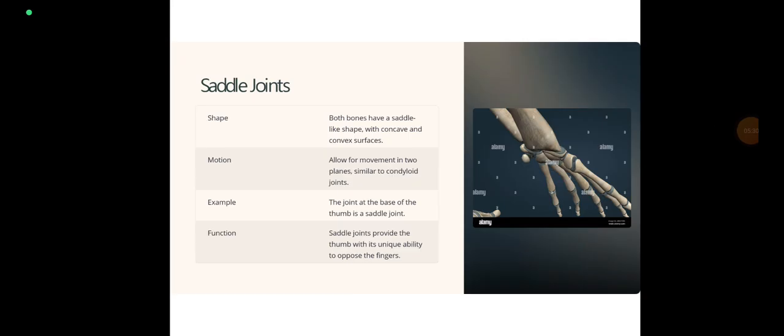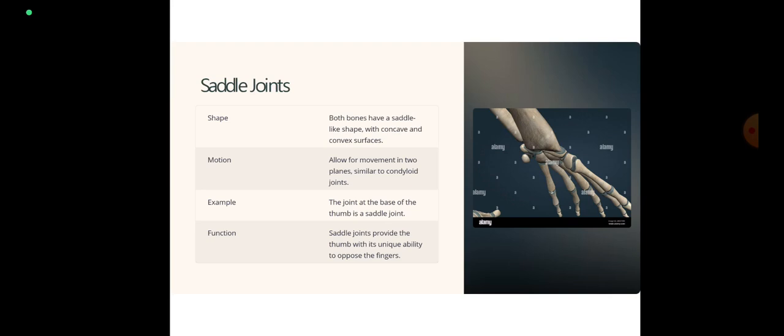Saddle joint. Saddle joint shape: both bones have a saddle-like shape with concave and convex surfaces. It is basically a type of ball and socket joint.